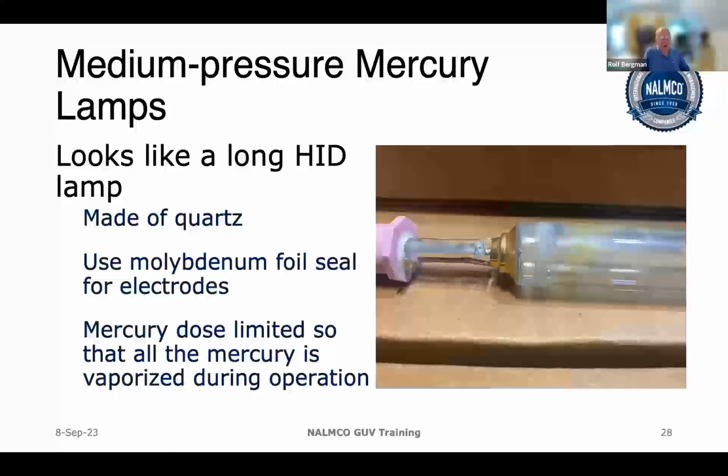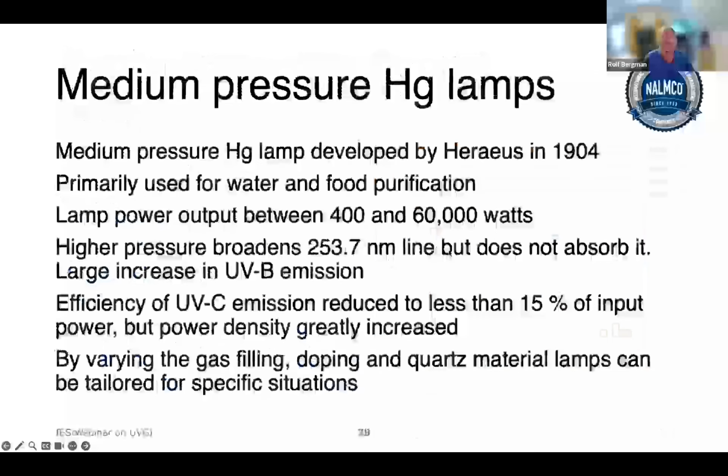Medium pressure mercury lamps just look like HID lamps, just like low pressure mercury germicidal lamps look like regular fluorescent lamps. The lamps here are made out of quartz, sometimes doped a little bit to make it ozone free, and they use a molybdenum foil seal. You can see that on the very right of this picture, the foil seal.